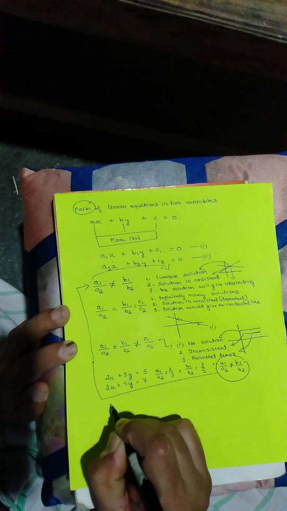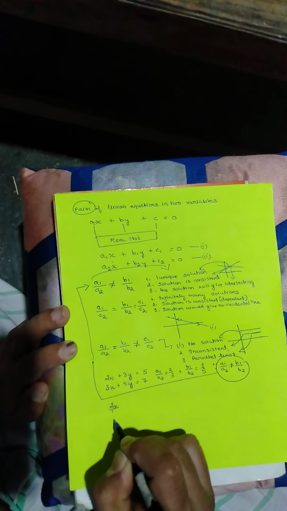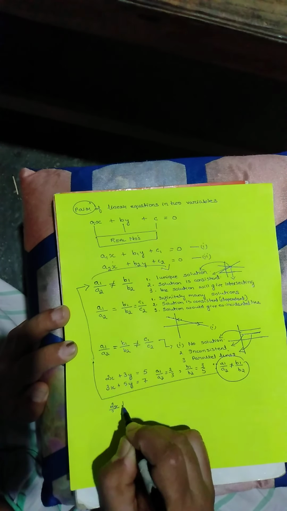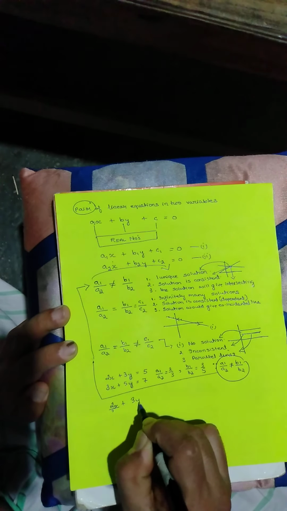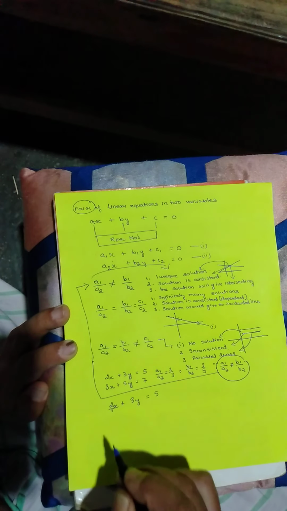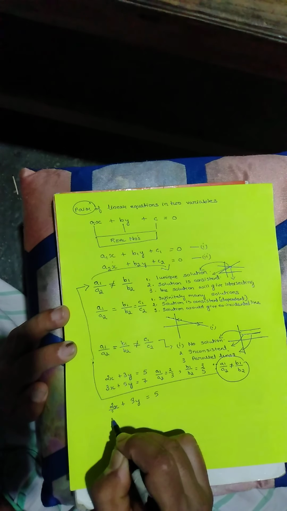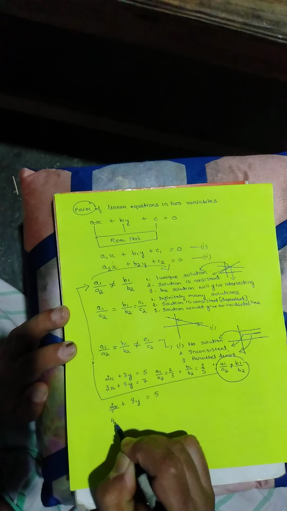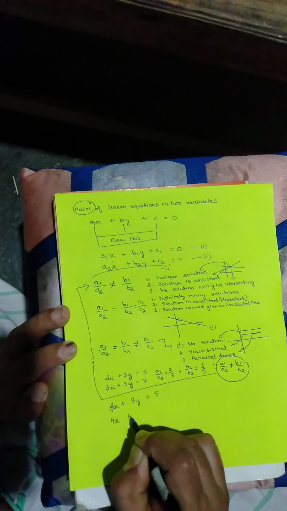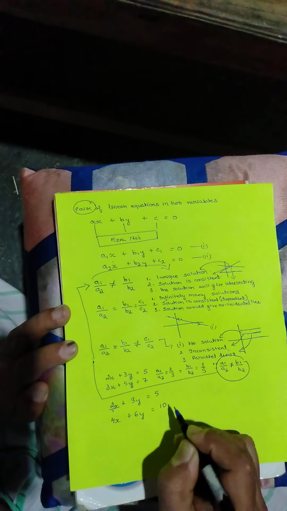Now suppose you have 2x + 3y = 5 and then 4x + 6y = 10.